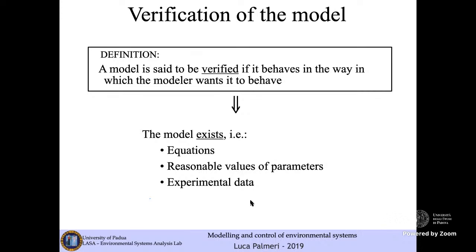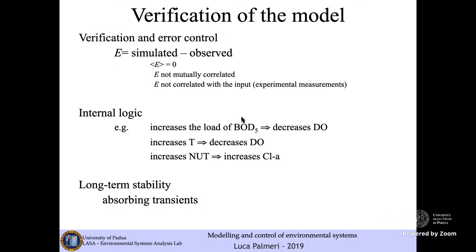We shall be sure that these parameters, which, as I recall, become calibration knobs of my models, display reasonable values. Reasonable, we will see later, means values that may be found in the literature from the analysis of real systems. And then experimental data on the system are needed to verify that the model is behaving as expected.